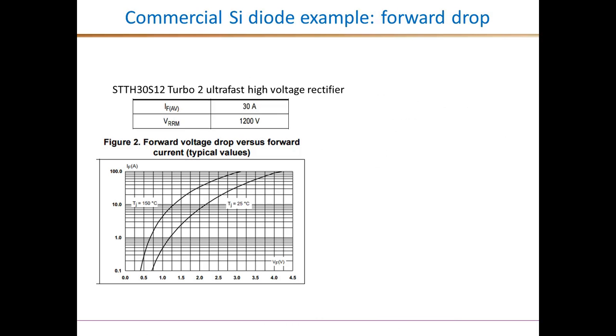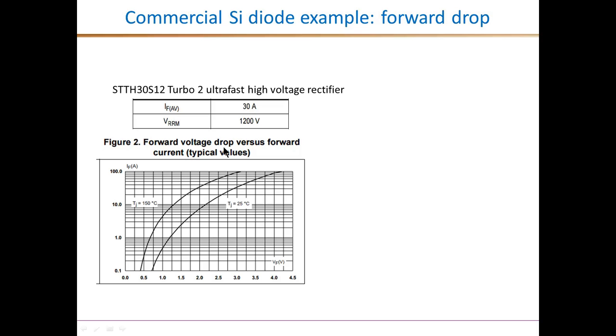So in the last couple of slides, I wanted to highlight the characteristics of a typical state-of-the-art silicon pin diode in terms of its forward drop and reverse recovery characteristics. So this is a diode rated for an average current of 30 amps and a peak voltage rating of 1200 volts. And this plot shows the forward voltage drop.